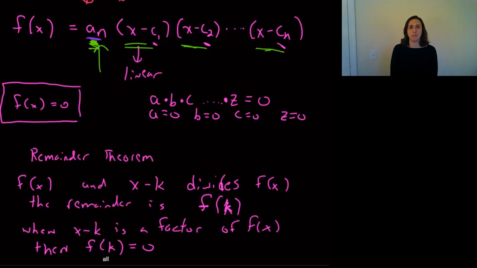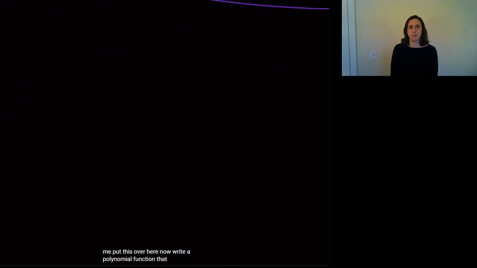All right, I'm going to look at the idea that we're going to write an equation. Write a polynomial function that has a 0 of -2 with a multiplicity of 2 and a 0 of 1.